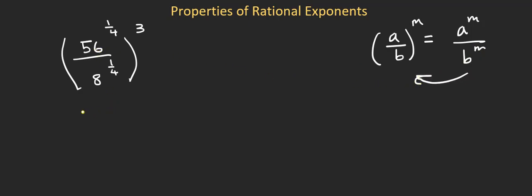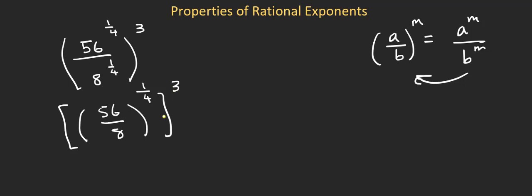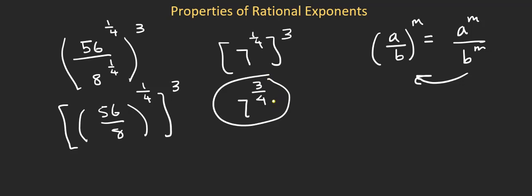So for example, we could rewrite this as 56 over 8 to the power of 1/4, and then the whole thing to the third power. So what is 56 divided by 8? That's 7. So it's 7 to the 1/4 to the power of 3. You have 2 exponents next to each other, so you multiply, you get 7 to the 3 over 4 power. And that's your answer.